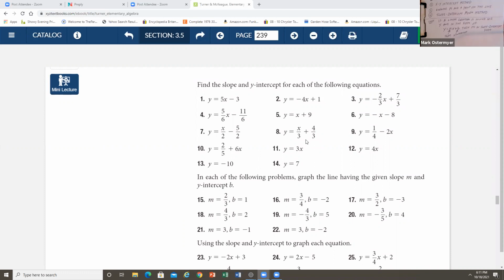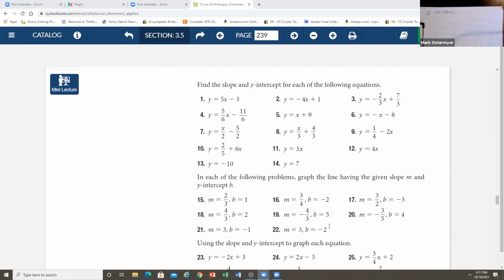And so every one of these equations, ladies and gentlemen, is in what form? Well, most of them are. What's the name of that form? Slope-intercept form. So problem number 2, they give us a linear equation that says y is equal to negative 4x plus 1.